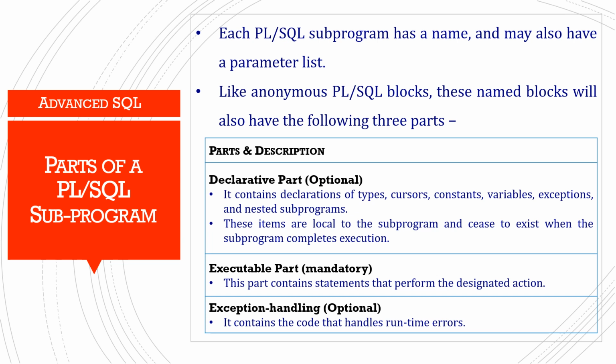The second part is the executable part. This is the mandatory part, and it contains the statements that perform the designated action. These are the executable statements meant for performing a particular task. The third part is the exception handling part. It contains the code that handles runtime errors.